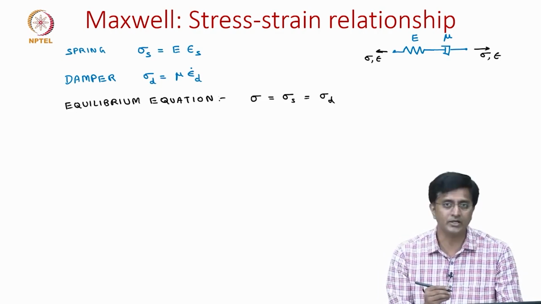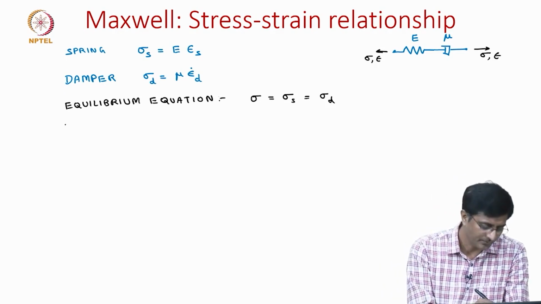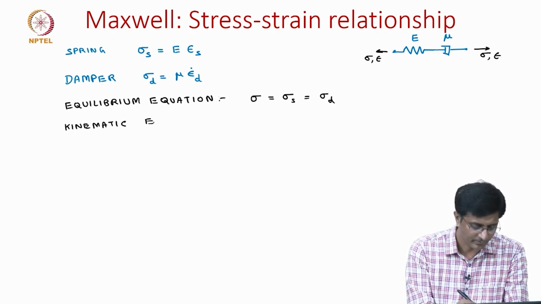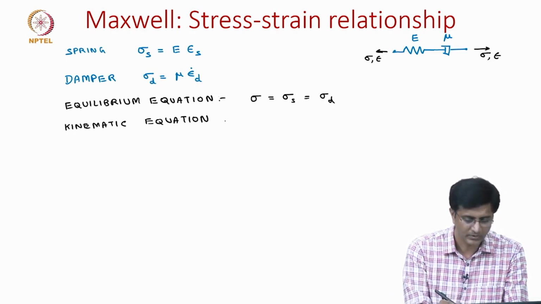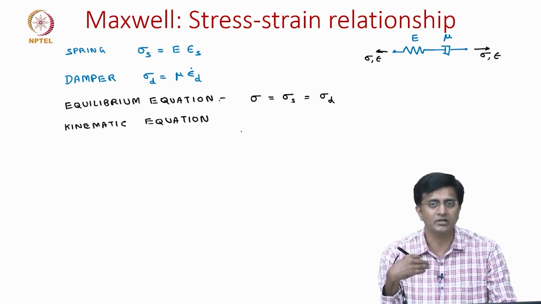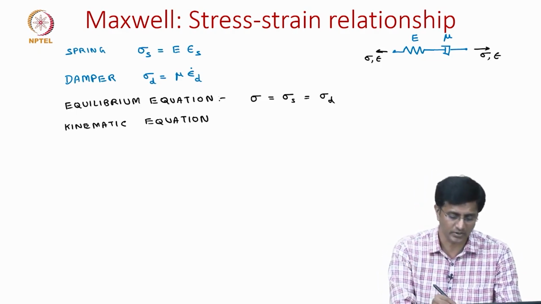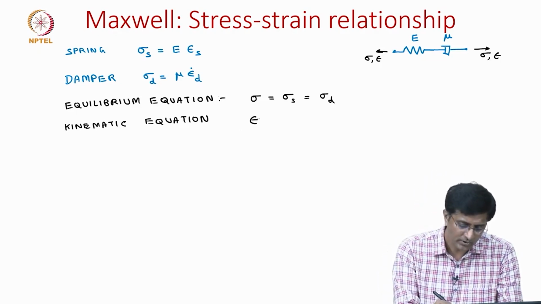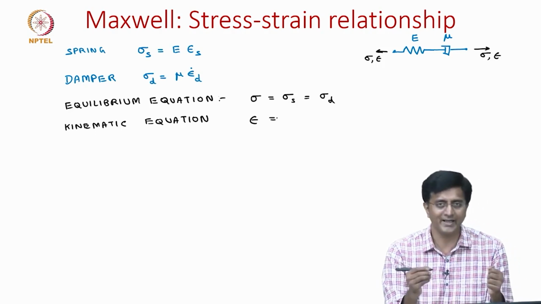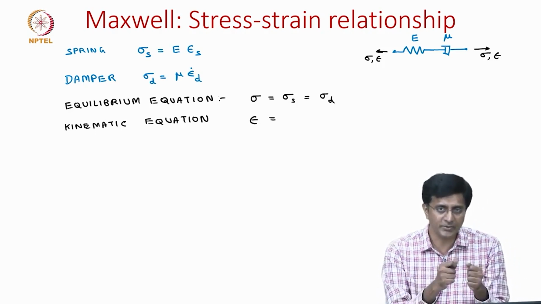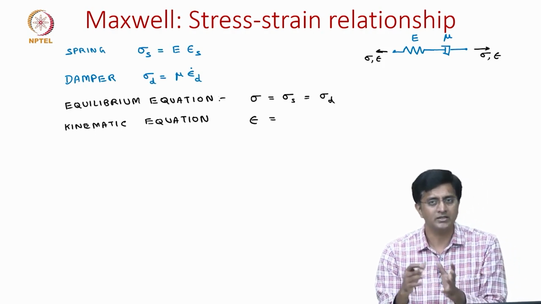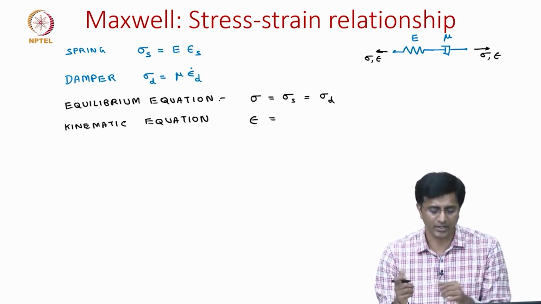Now, let us look at the kinematic equation. Kinematic equation means how the displacements look. The total displacement applied at the ends is the sum of the displacements in the spring and in the damper.